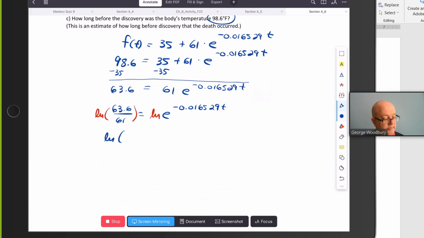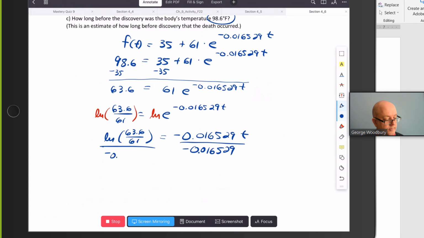So the natural logarithm of 63.6 divided by 61 equals negative 0.016529t, and we just need to divide that over. We'll use the calculator to figure out this last part. t is going to give us a negative time, and so we can subtract that backwards to figure out how long before the discovery the body was no longer a living body.